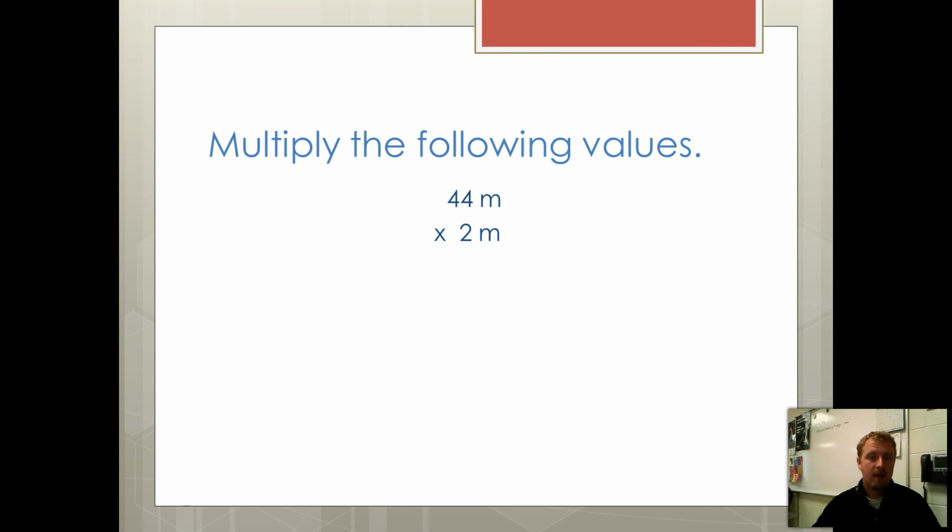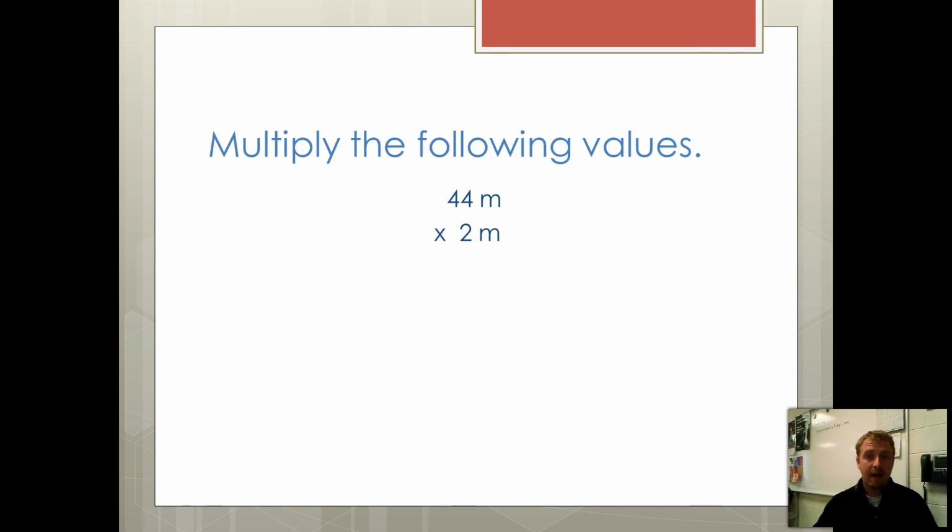Okay, what do you think? 88, you'd have to round to 1 sig fig, so it would be 90 meters squared. That would be the correct answer. However, if you wanted it to be 88, you didn't want it to be 90, and that confuses you a little bit, you could change this problem so that instead of 44 times 2, you'd have 44 times 2.0.